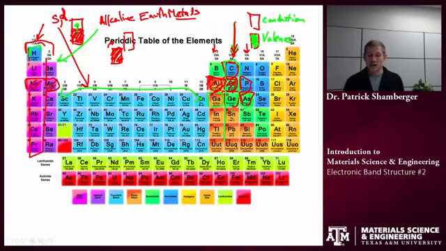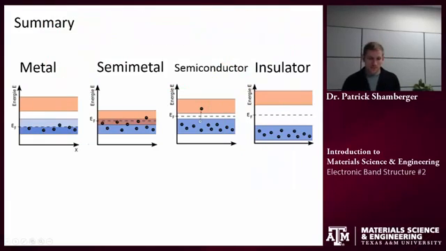But all of these are leading up to the picture where I have this full valence band, I have some band gap, and I have an empty conduction band. And so then the difference between all of these semiconductors is largely, what is the magnitude of this band gap, and what is the nature of these electrons at the very top of the valence band, or the free energy levels at the very bottom of the conduction band.